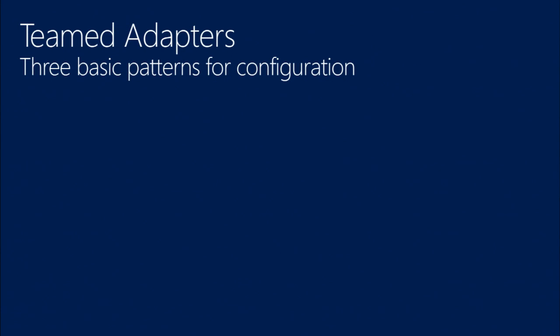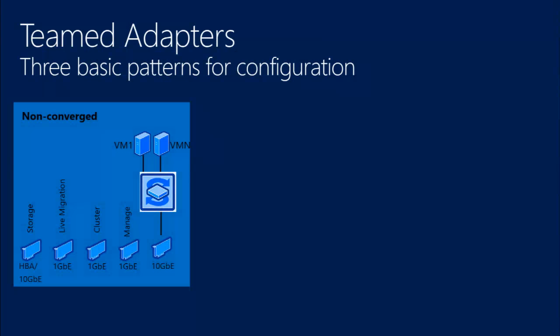When you are creating your Hyper-V host and teaming your adapters, there are essentially three models to choose from. Historically, non-converged is what we've talked about for how you set up your Hyper-V host: an adapter that serves a single purpose. You have one set of adapters for cluster heartbeat and one for live migration. That way, for quality of service, you don't have to worry about storage saturating the network and taking away from your cluster, for example.